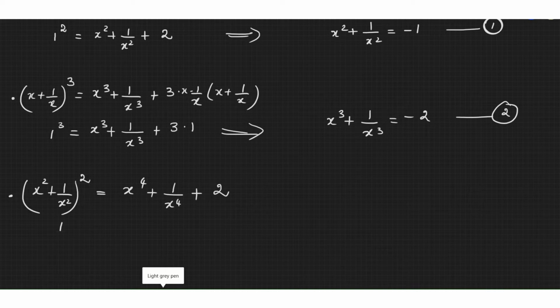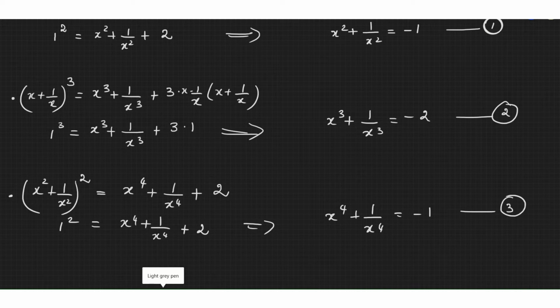But this is 1 squared. 1 squared is x to the fourth plus 1 by x to the fourth plus 2, or I can say my x to the fourth plus 1 by x to the fourth is negative 1. Let us take this as result 3.